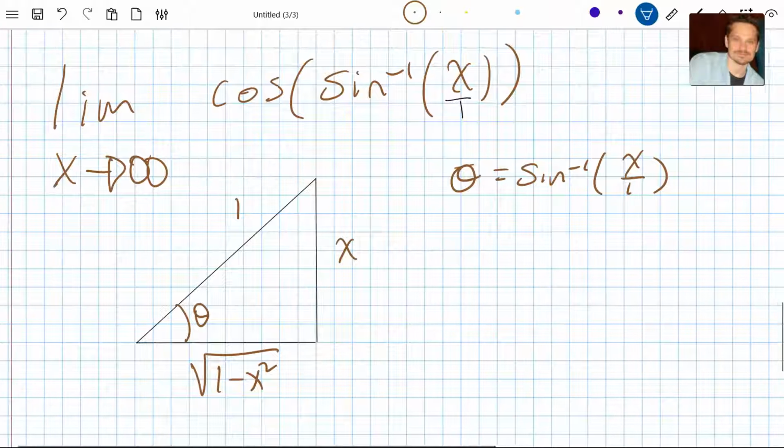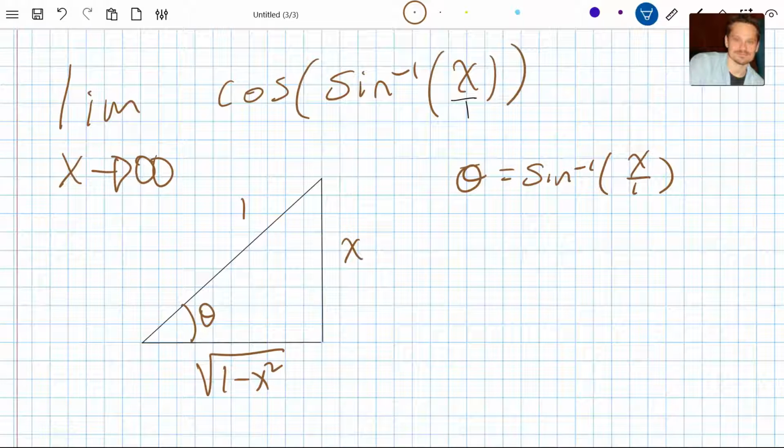What I can do next is, our limit says the limit as x approaches positive infinity of cosine of sine inverse of x over 1, but that is now cosine theta. Since sine inverse of x over 1 is theta, I can rewrite this limit equivalently as the limit as x approaches positive infinity of cosine theta.